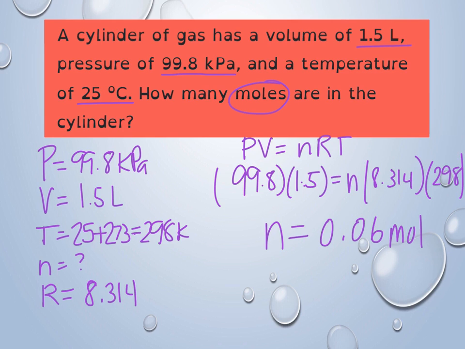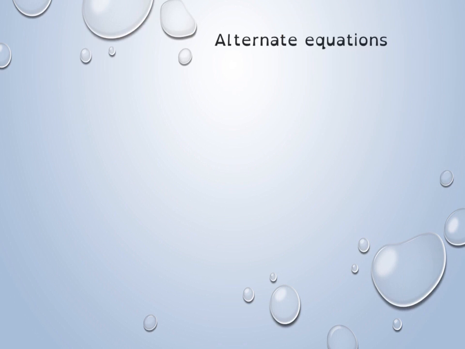Now, you can be asked to solve for any of the variables. You can be asked to solve for pressure, for volume, for moles, or for temperature. Okay, so there are some alternate equations. We've been dealing with PV equals nRT. And if you think about it, you have a volume and you can figure out perhaps a mass. And so there can be a couple other things that people can ask you to do. Moles is really the mass per sample.